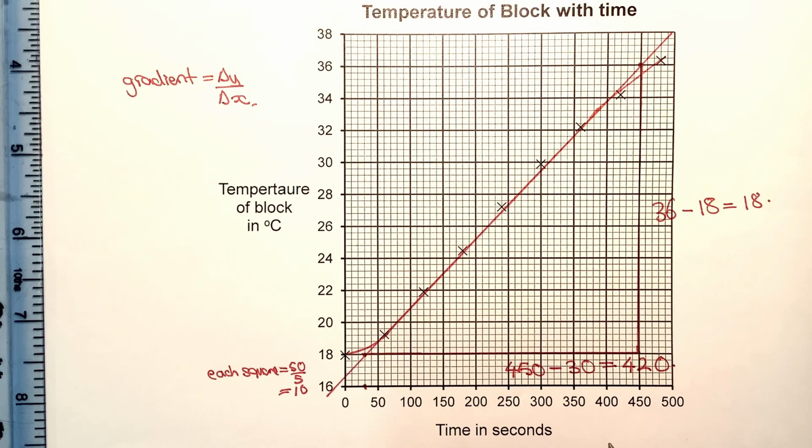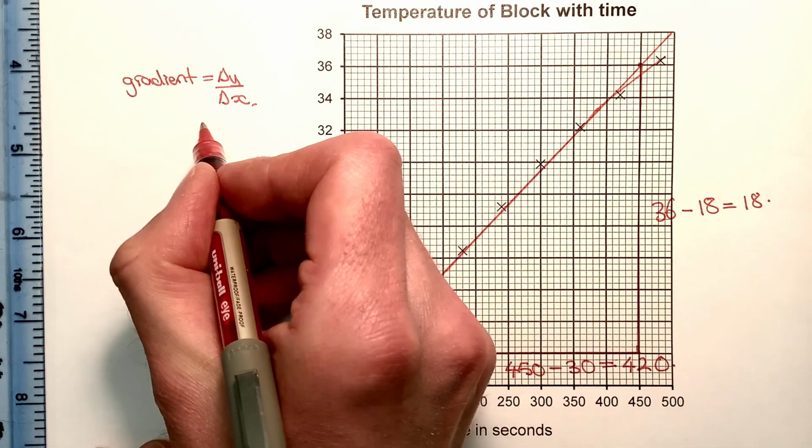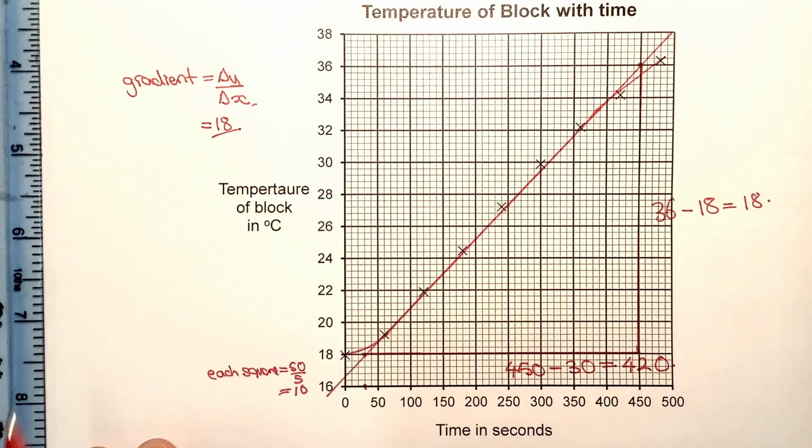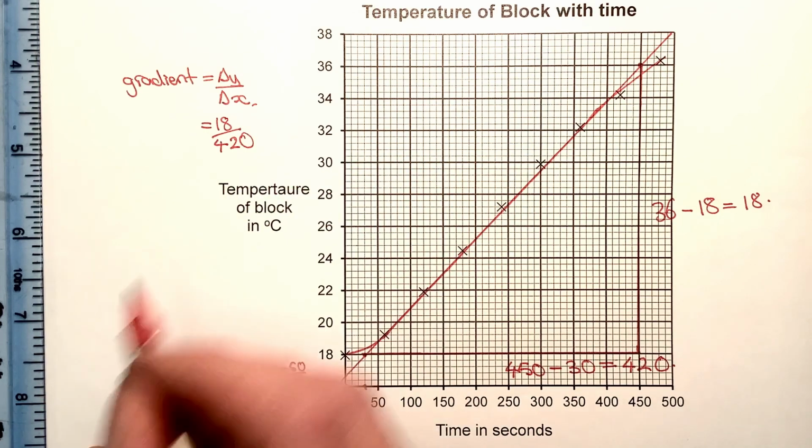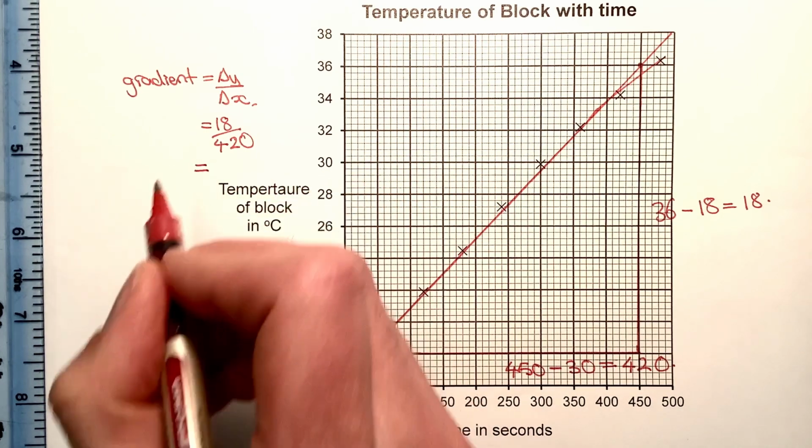So now I'm ready to work out my gradient, and I need to do the change in the vertical, which would be 18, divided by the change in the horizontal, which is 420. And I can pop that into my calculator.